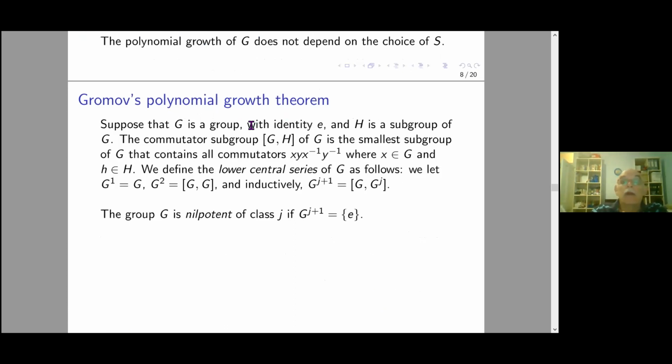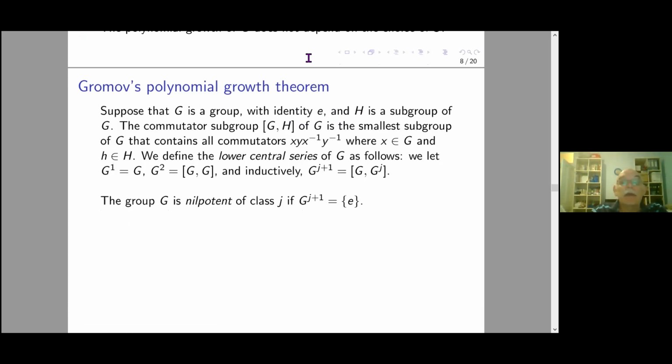If I've got a group with an identity, and if I take a subgroup H of G, then I can take the commutator subgroup between G and H, and that's defined to be the smallest subgroup of G that contains all the commutators x, y, x inverse, y inverse, where x is from G and y is in H.